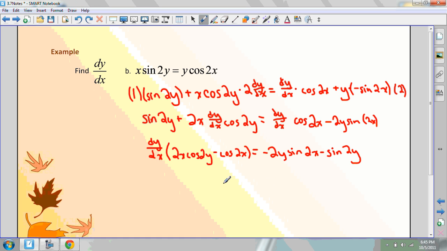Let's see, hopefully I did that correctly. Looks right to me. Okay, so now all I need to do is divide by this whole term here.